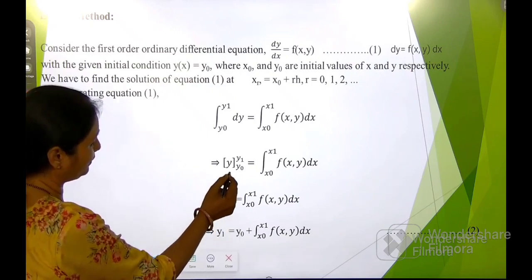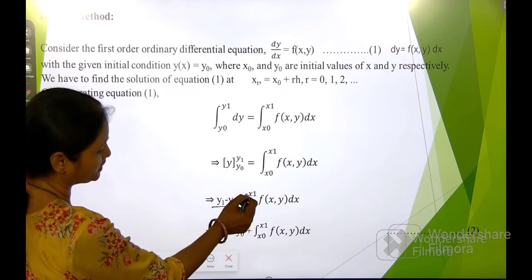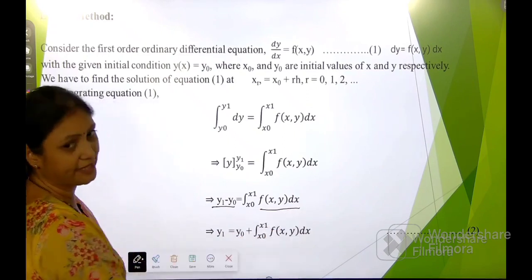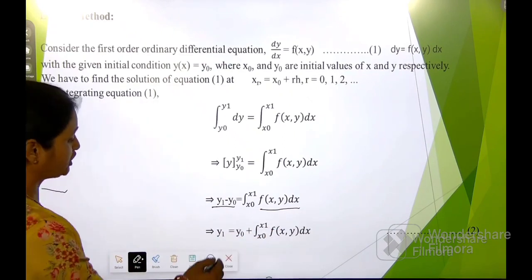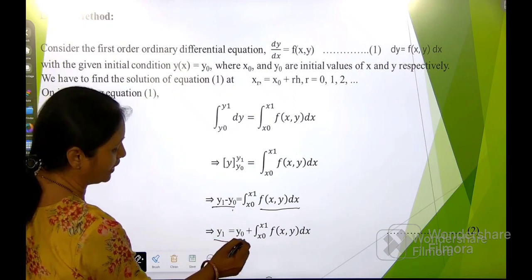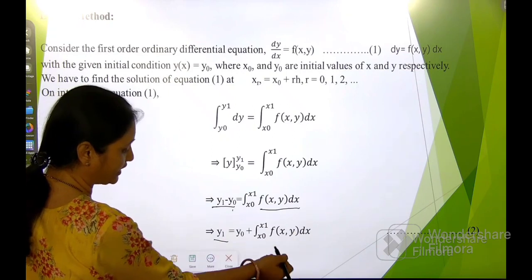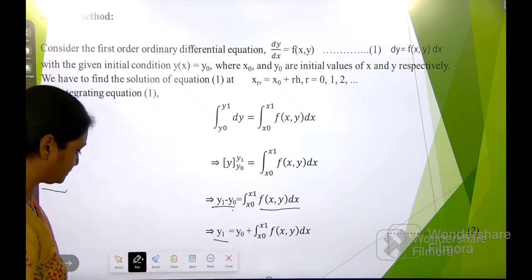So the upper limit minus the lower limit, that is y1 minus y0, equals integration from x0 to x1 of f of x comma y dx. Now shifting y0 to the right hand side, we get the equation y1 is equal to y0 plus integration from x0 to x1 of f of x comma y dx.